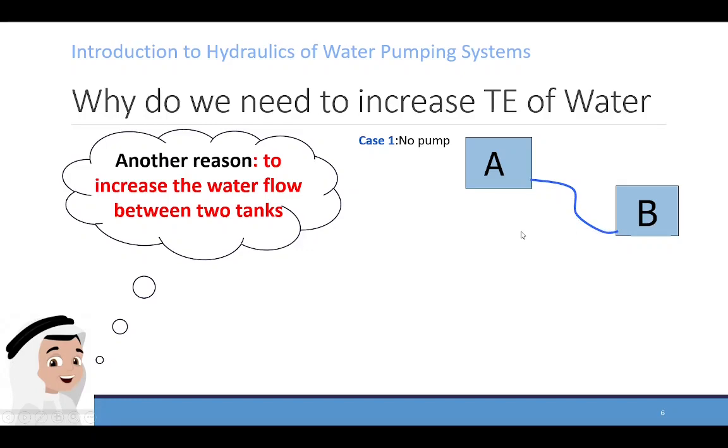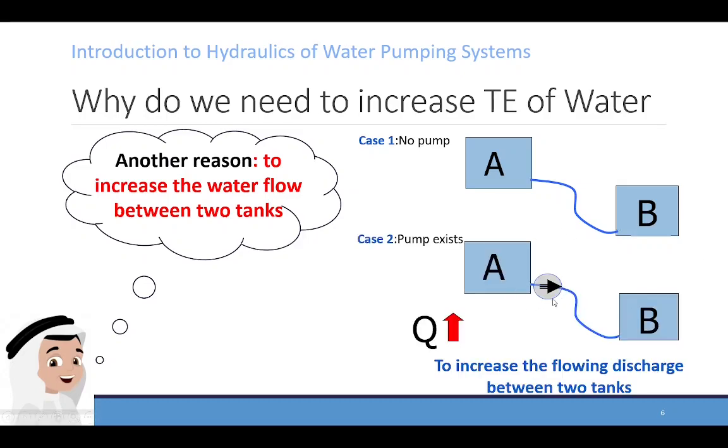So one of the actions that I might take is to install a pump. If you install the pump in this case, the flow passing from tank A to tank B will increase. So in this case, the water pump is not used to raise the water from a lower level to a higher level. The pump here is used to increase the flow rate transmitted from tank A to tank B.